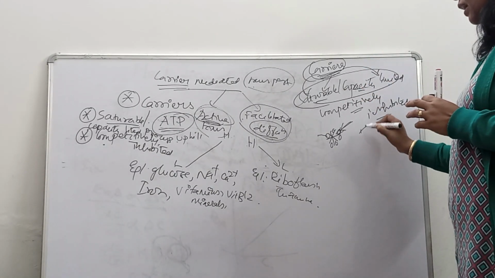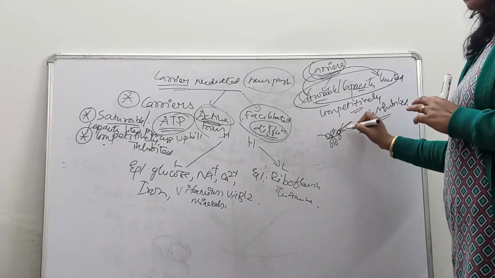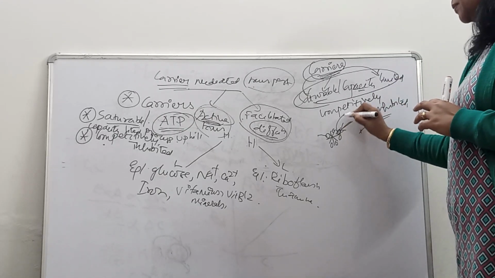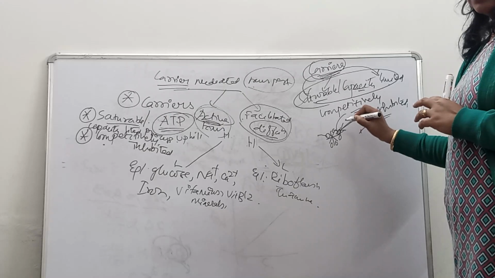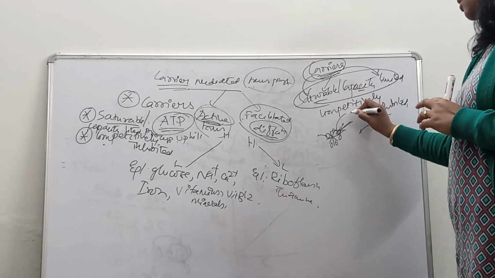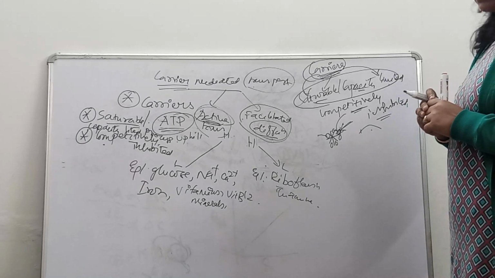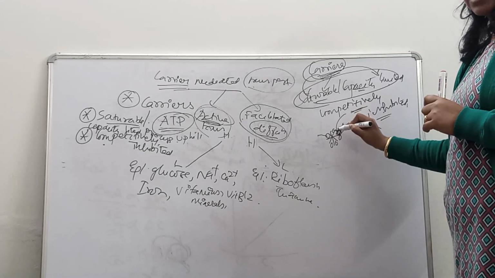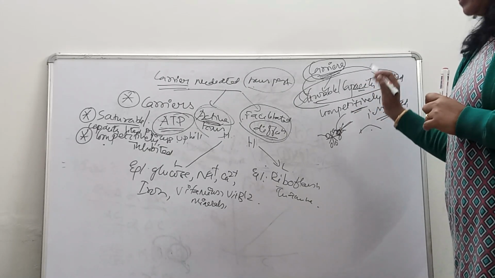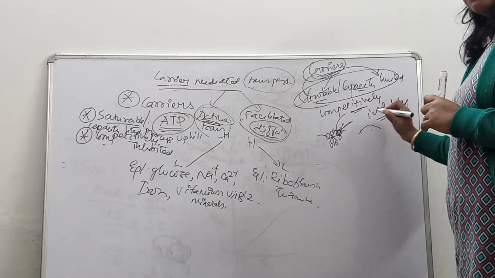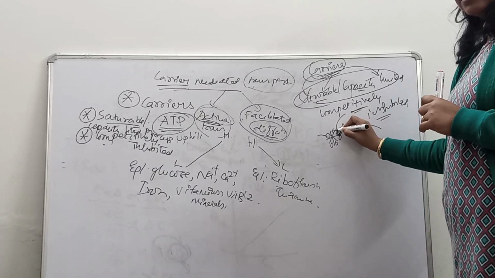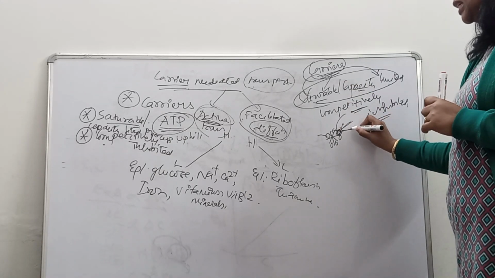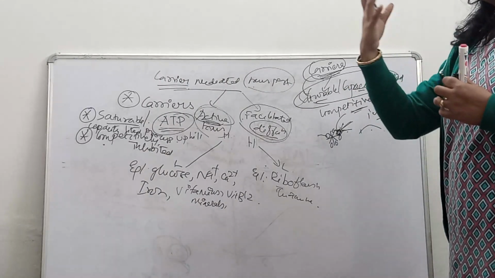If any other drug has a binding affinity greater than the drug which has bound to the carrier, then that drug can displace the earlier drug from the binding site. That is known as competitive inhibition. Got it? The drug which binds with the carrier should have some binding affinity. If any other drug has a greater binding affinity than the drug already bound to the carrier, the other drug can easily displace it because it is stronger than the earlier drug.